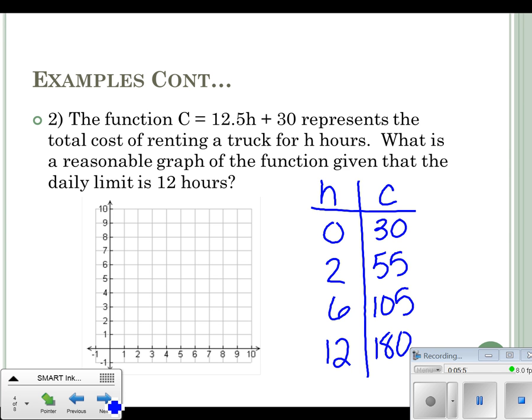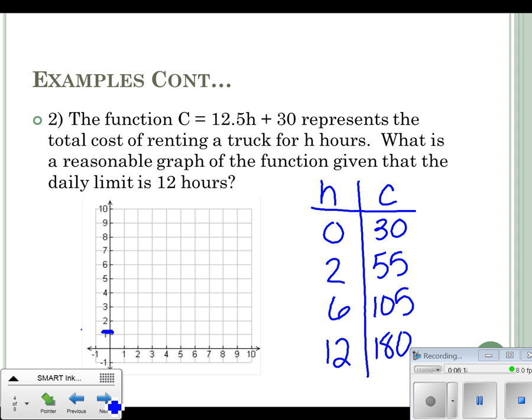So the maximum, the daily limit to rent this truck is 12 hours, so the maximum amount of money that you would be paying is $180. So our graph, the vertical has to go up to at least 180, so I'm going to change this interval that I have over here, and I'm going to go up, let's say, by 20s.